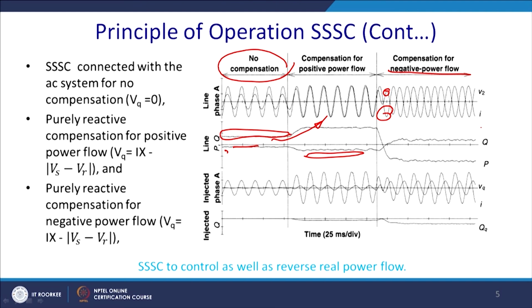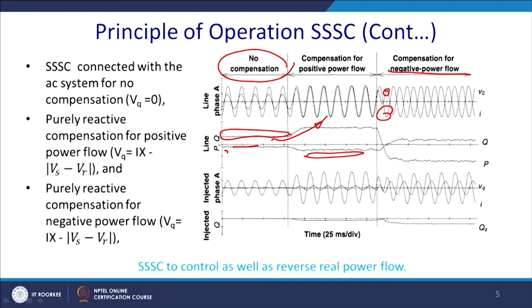And this is the injected phase A. Initially you were not injecting almost any current. Now you are adding some amount of voltage in quadrature. So they are out of phase by 90 degrees, and you see that here also the same thing will happen, but they will be out of phase by minus 90 degrees.